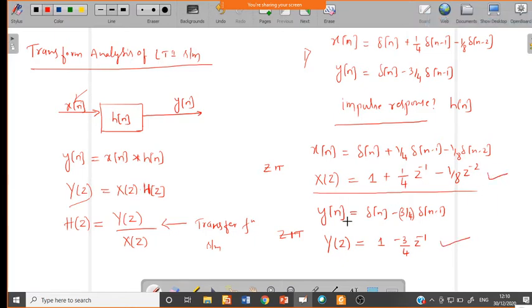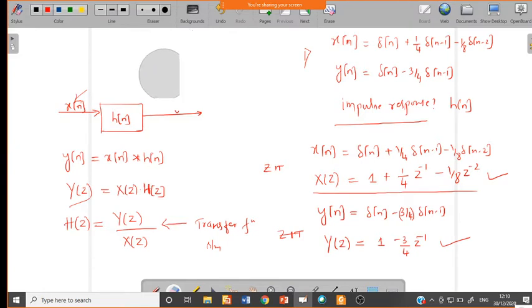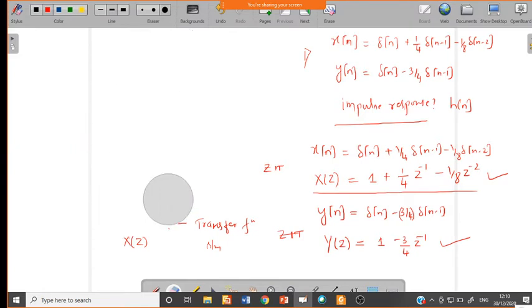So now taking a ratio of Y of z and X of z, you will get the H of z, the transfer function. Okay, so take the ratio, that is Y of z divided by X of z.